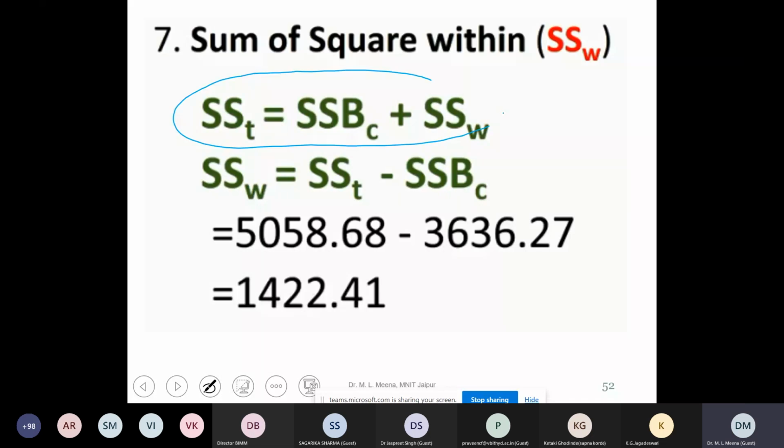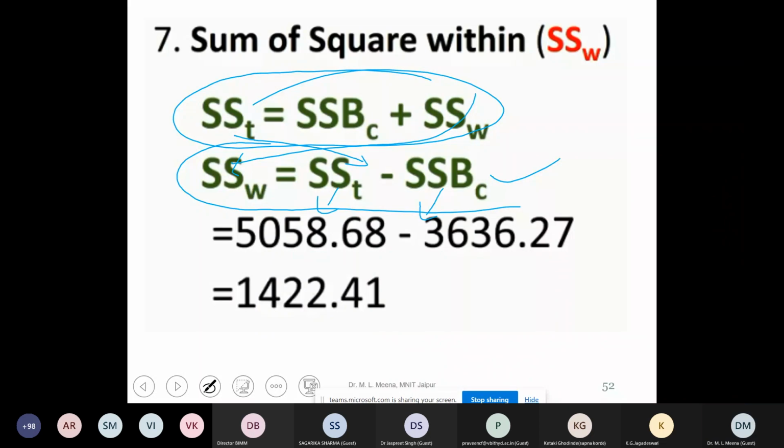Rearranging this equation, this is SSW. We already found the value of SST and the value of SS cell. So the value is 1422.41. After that, we draw the two-way ANOVA table and put these values in the table.